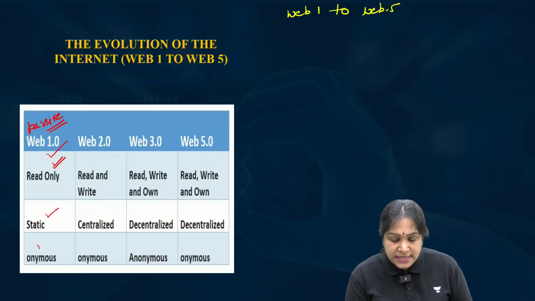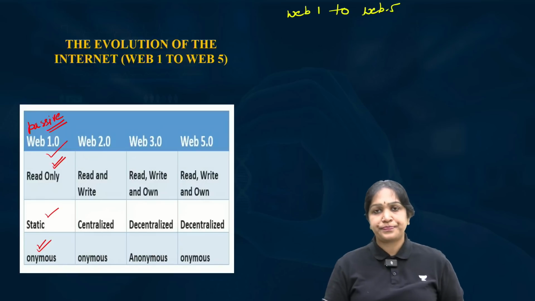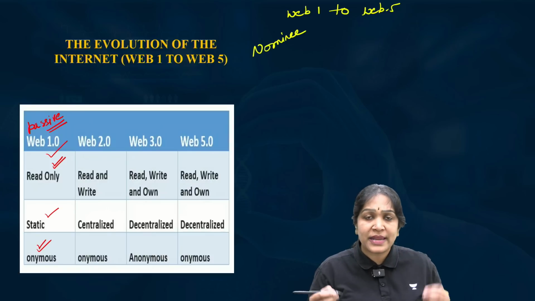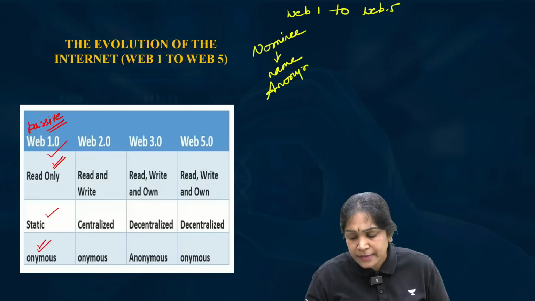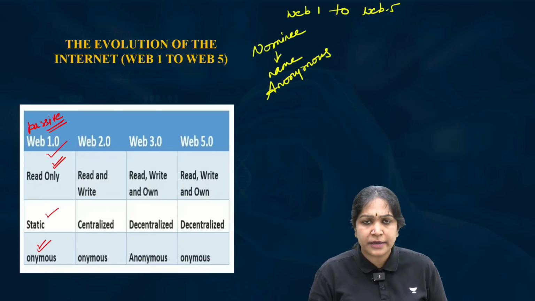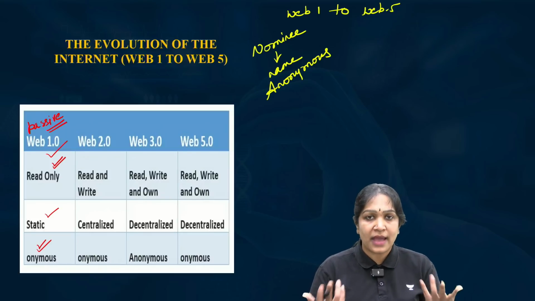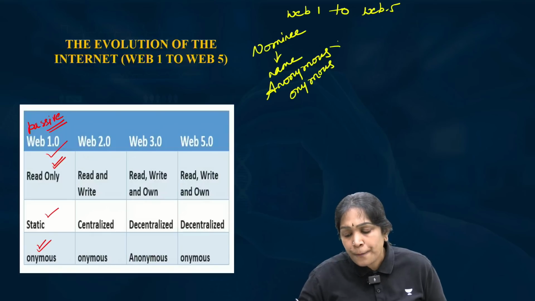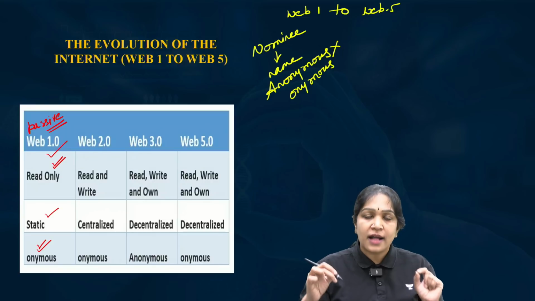And this is onymous. What do you mean by this word onymous? You know these words, nominee, nomination, which mean related to name. Is it clear? Then anonymous is a very familiar word. It means no identity. I don't have my name or my identity. So onymous is the opposite word to anonymous. It means here we will have the identity.